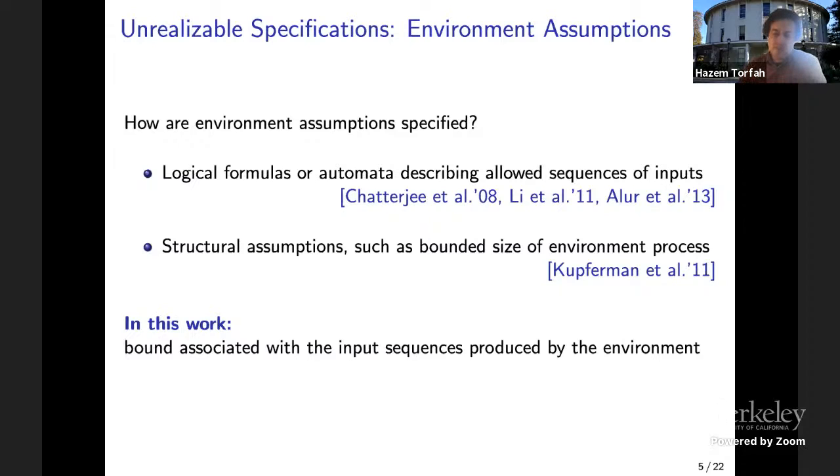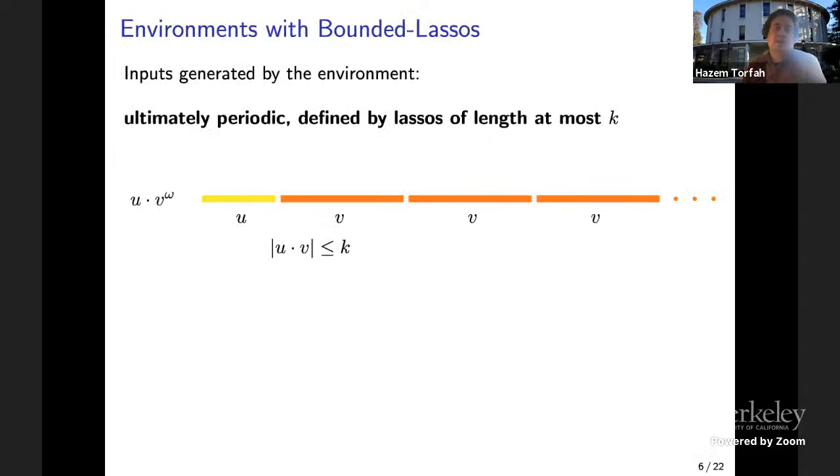This idea is based on the key point that if we are dealing with environments that have a bound on their structure or their size, for example, then we also know that they have a bound on the shape or the size of the inputs that they're producing.